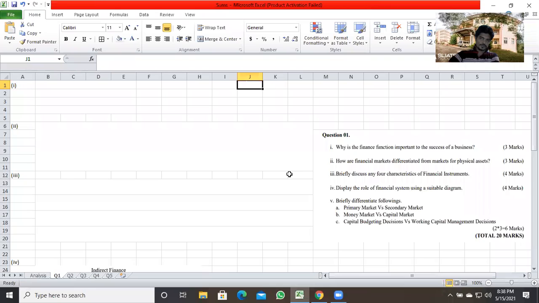First one: why is the finance function important to the success of the business?